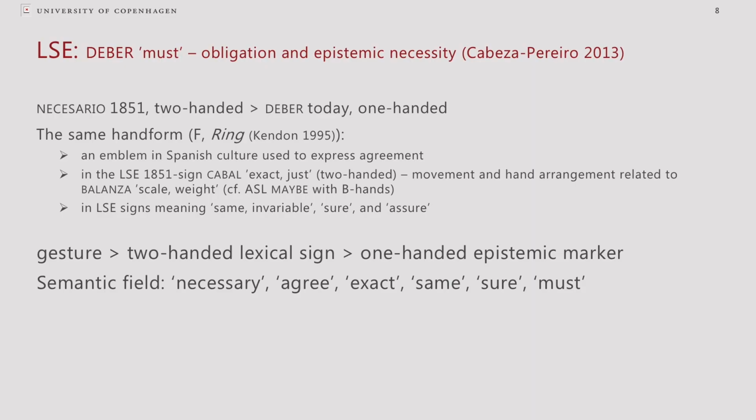So this is a one-handed sign, but there is a somewhat equivalent sign in a dictionary from the mid-19th century, which is two-handed. So here we see a phonological reduction. And the same hand form is said to be an emblem in Spanish culture used to express agreement.